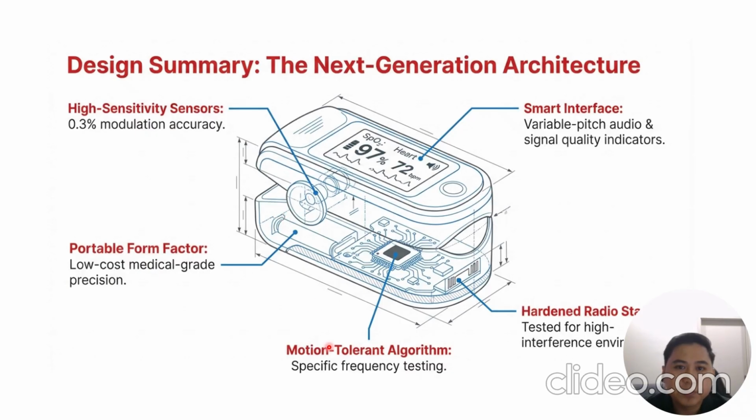We will implement specific frequency filtering to filter out motion artifacts during physical activities, and also the smart interface. The device will feature variable pitch audio that strictly follows changes in SpO2, providing immediate auditory feedback to clinicians.